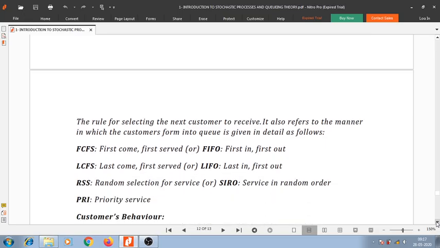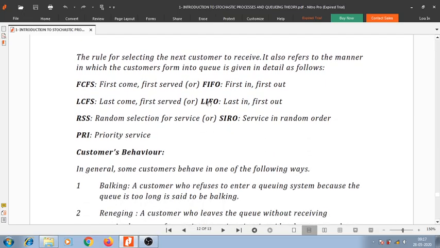Now the general queue rules are first in, first out. Suppose the customer enters the service station and waits for service. Similarly, after the service, he leaves the room. First in, first out. Okay, a simple example: I call the attendance in the classroom. Number 1, number 2, number 3. First in, first out means maintaining order.